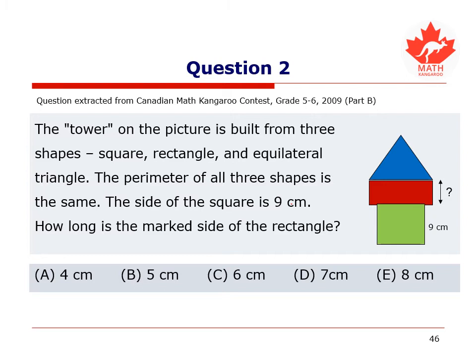How long is the marked side of the rectangle? The options are A, 4 centimeters, B, 5 centimeters, C, 6 centimeters, D, 7 centimeters, and E, 8 centimeters. Take a moment to think about the problem and then join us again for the solution.